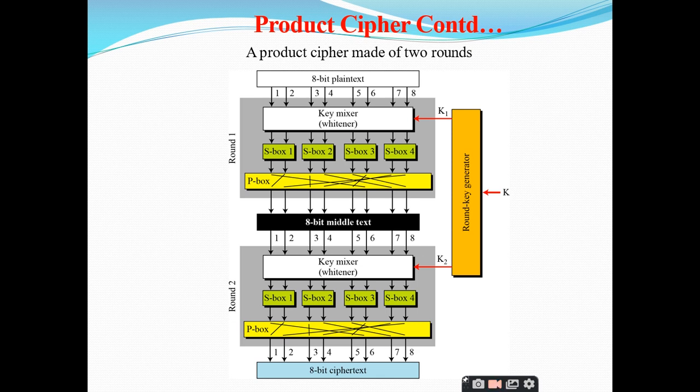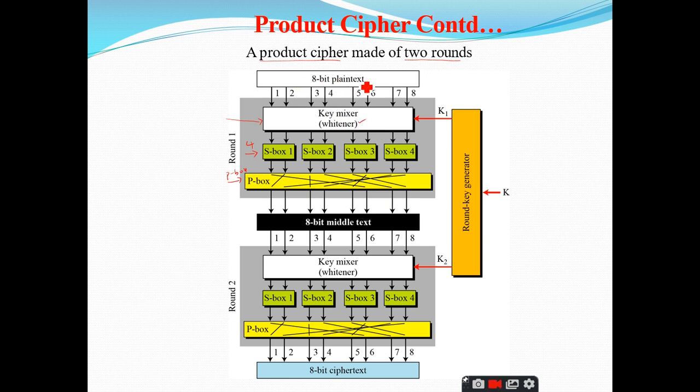Yes, sir. So in this example we have taken a simple product cipher, and it is made of 2 rounds, that's it. In this particular block you can observe that I have 4 S boxes and only 1 P box, a permutation box, and there is another component here called a key mixer, which we can also call the whitener, right.